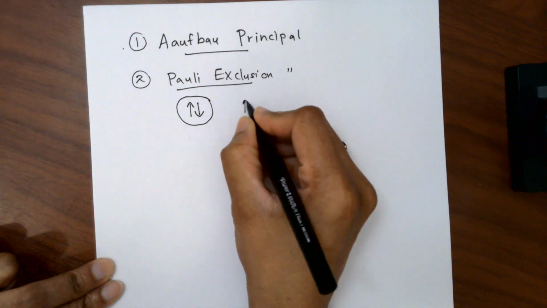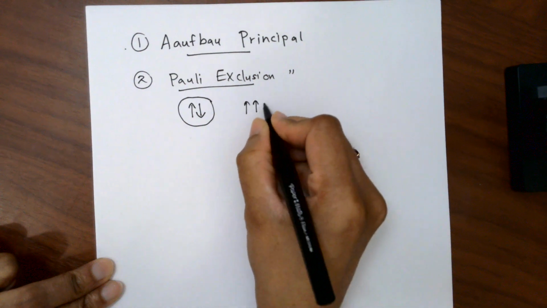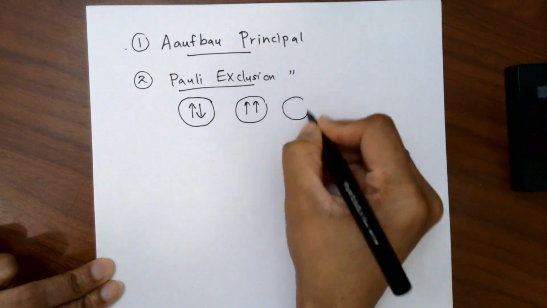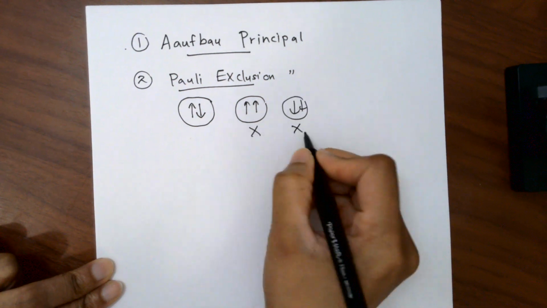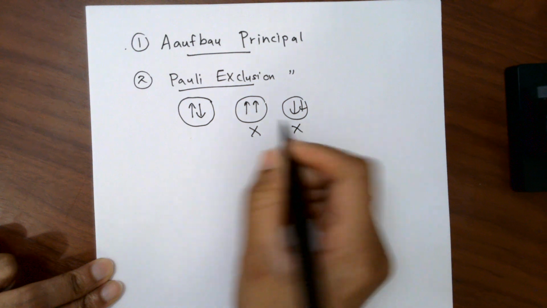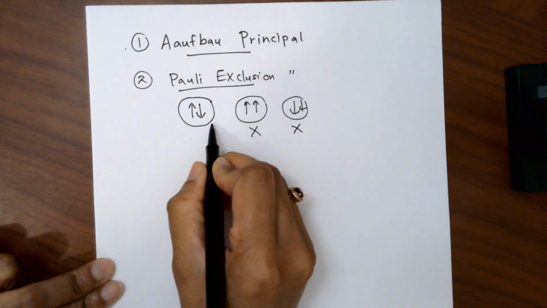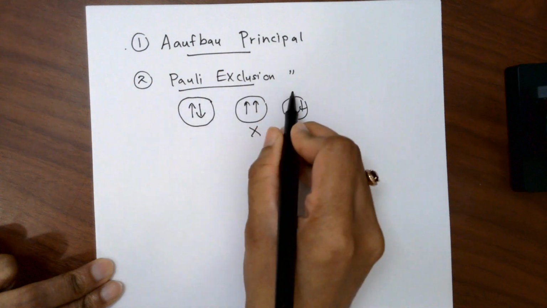If you draw one up, and the other one is up within the same orbital, or down within the same orbital, they are not correct. They have the same quantum numbers. So you should draw one up arrow and one down arrow. That is the Pauli exclusion principle.